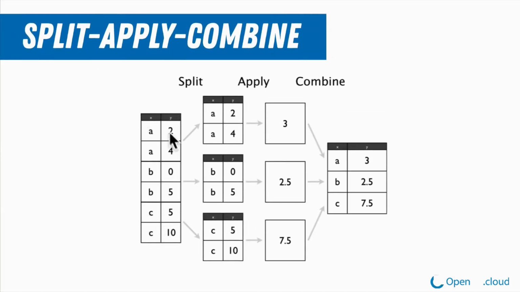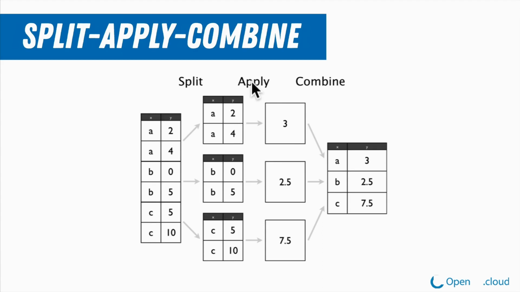You have a data set of records, and we have 2 A's, 2 B's, 2 C's. And we're saying, hey, the groups are by X. So if we're grouping by X, we're going to split out X, the unique groups of X. So A, B, and C. So now that we know the unique groups, well then we're going to apply something to it.